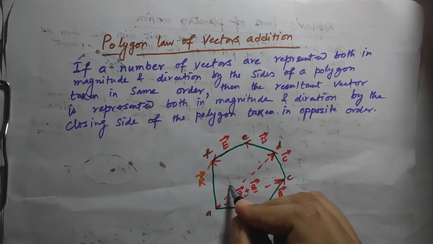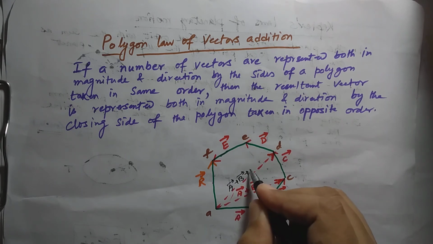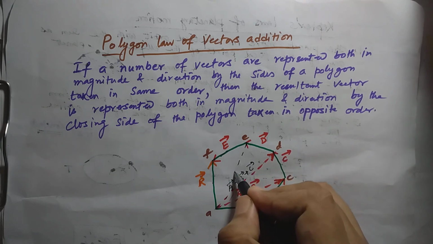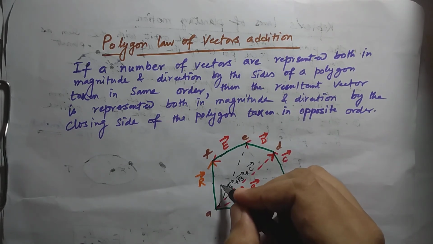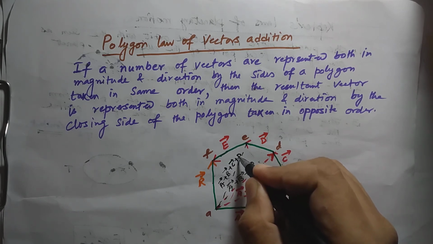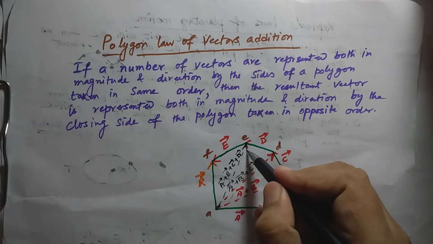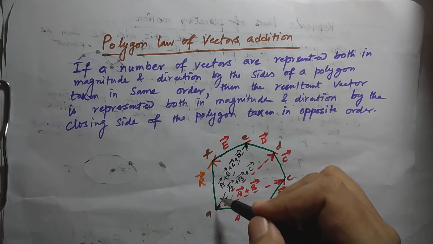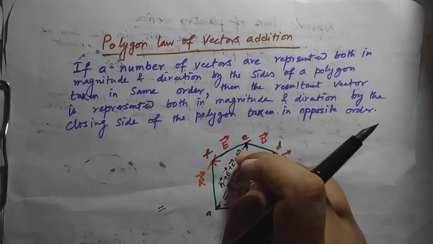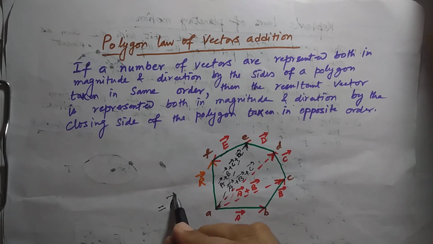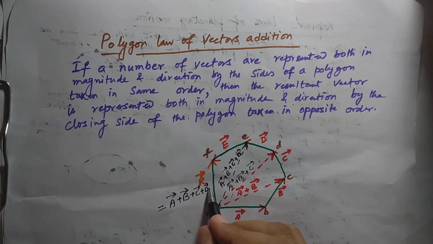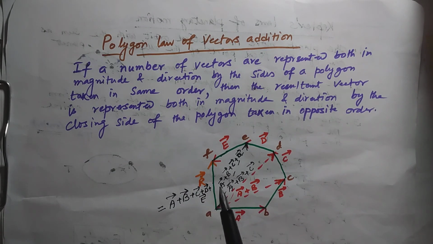Now you can see this vector and this vector in the same order; again you can use the triangle law. So this vector will be a vector plus b vector plus c vector plus d vector. Now see, this vector and this vector again form a triangle. So R vector will be a vector plus b vector plus c vector plus d vector plus e vector. This is the R vector, that is the resultant vector.